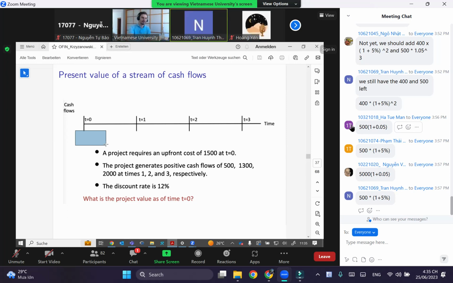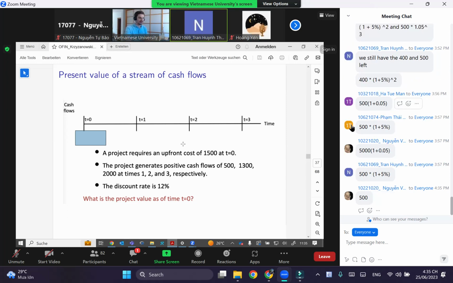I think it is minus 1,500 because it is the cost we have to pay at that time. So it would be negative as recorded in the cash flow.